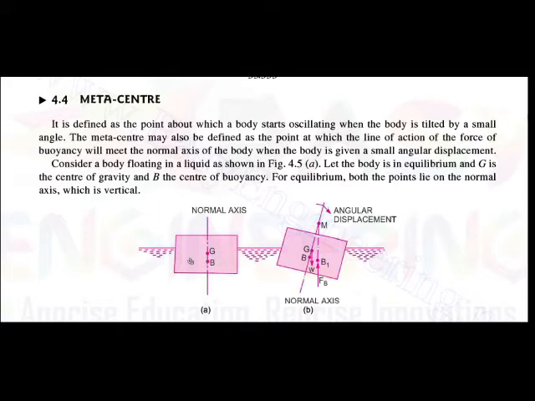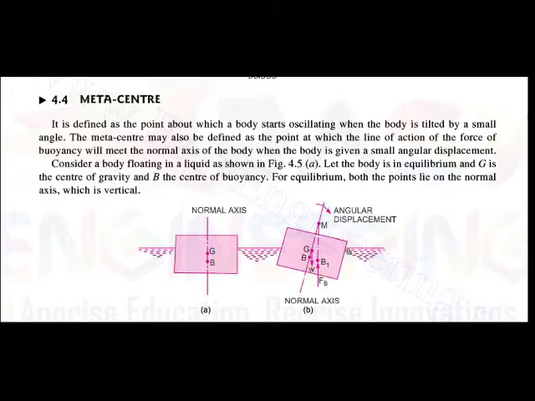When an angular displacement is given to the body, what will happen? The body is tilted, and due to this angular displacement the force of buoyancy changes from B to B1 because it is tilted.